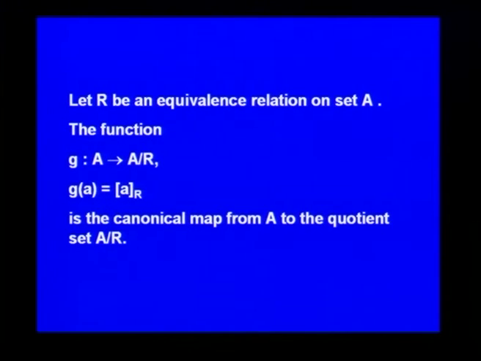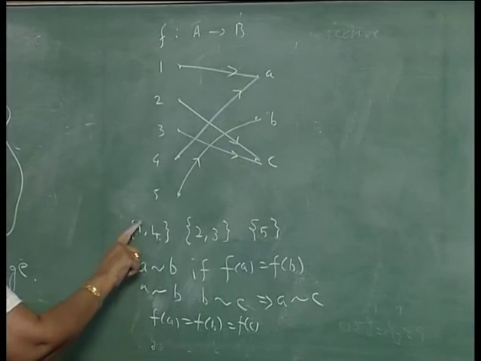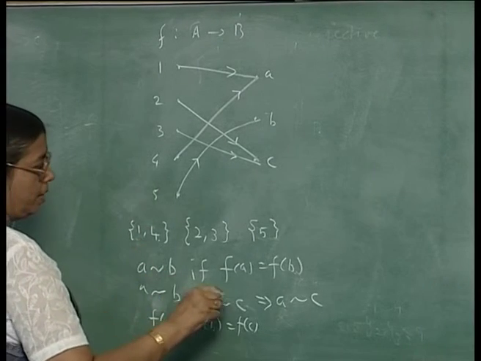Let R be an equivalence relation on a set A, then the function G from A into A/R is a canonical map from A to the quotient set A/R. Okay. So, an equivalence relation on set A divides it like this. Then this is the equivalence class containing 1.